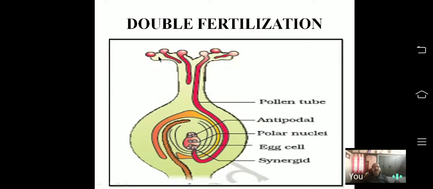After landing on the stigmatic surface, the pollen grain absorbs the sugary fluid secreted by the stigmatic surface, and it starts to germinate and produces a tube that emerges from the germ pore, that is called the pollen tube.